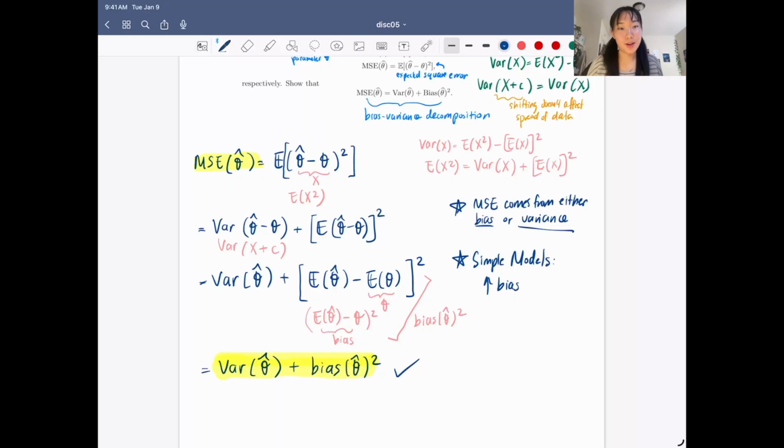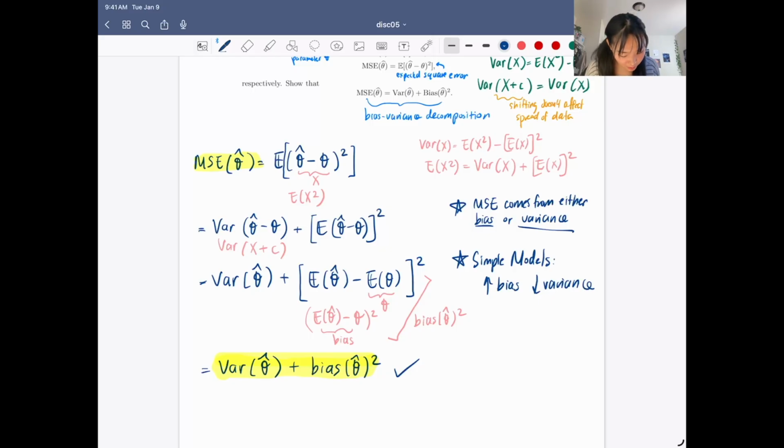It has really high bias because it's probably always wrong. But simple models also have lower variance. If we're always predicting 5, our predictions are very consistent, not 10 one day and 2 the other. So for simple models, our bias is high and our variance is low.